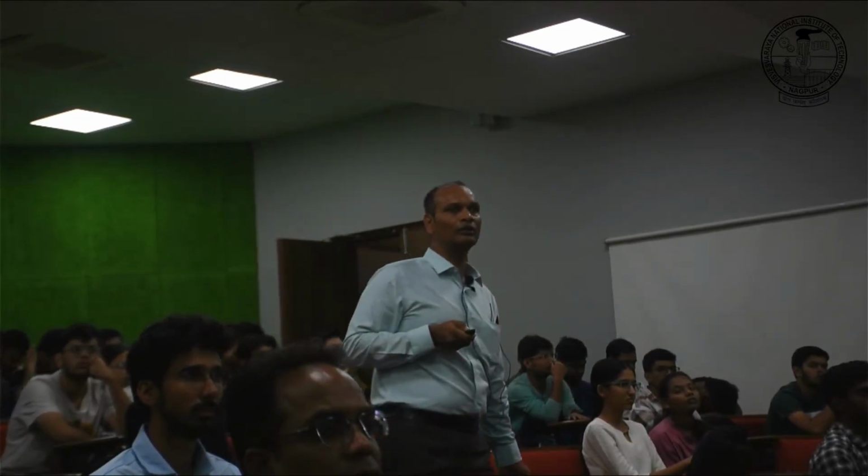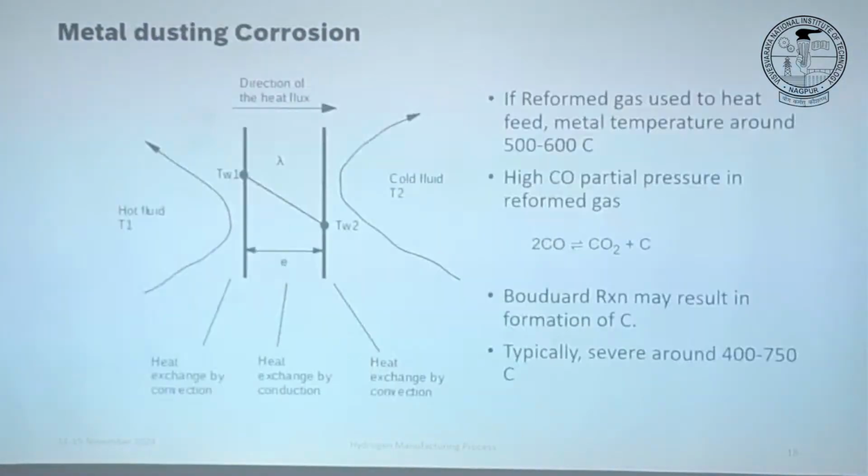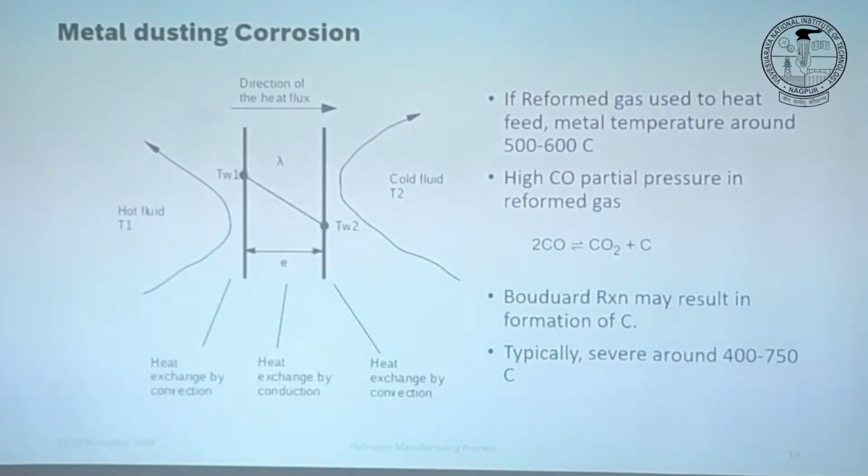So what we see here is we have a hot product stream where we can recover heat, and we also have some cold feed stream where, if we supply heat, we'll have lower operating costs because of less natural gas, right? So what we can do is cool the reformed gas and supply heat to natural gas and air, right? So that's typical heat integration, right?